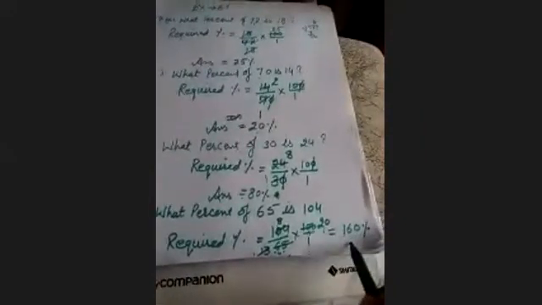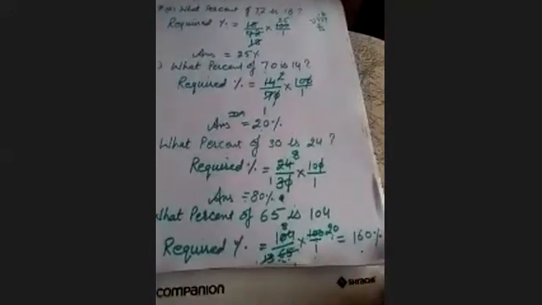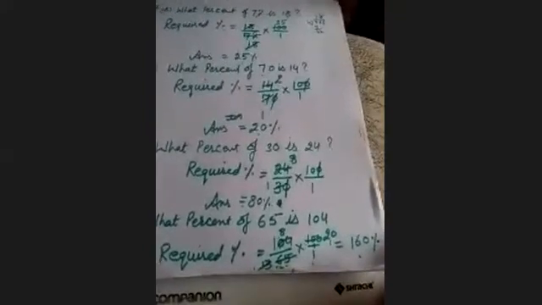Now 13 1s are 13, 13 8s are 104. Now 8 multiplied by 20 is equal to 160. So our answer is 160%. Clear, students? Next is part E.